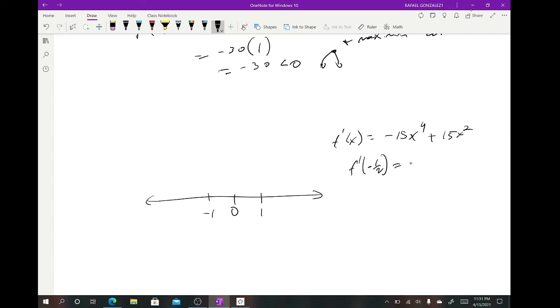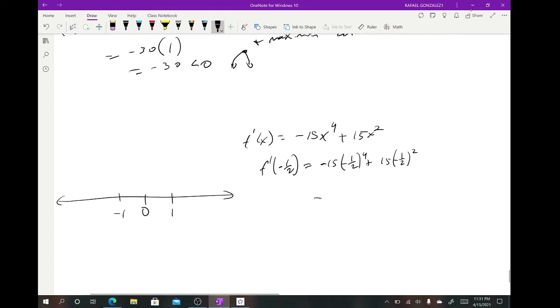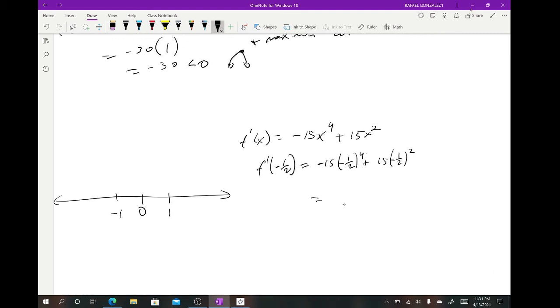So we have -15 times 1/2 to the 4th plus 15 times 1/2 squared. So this is going to be equal to -15 times 1/16 plus 15 times 1/4, just basically multiplying it by itself that many times.